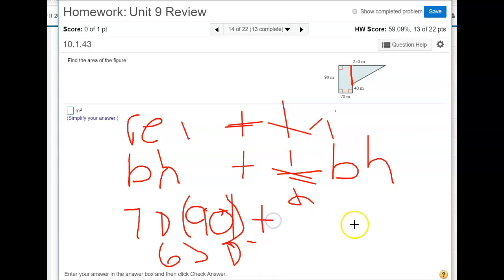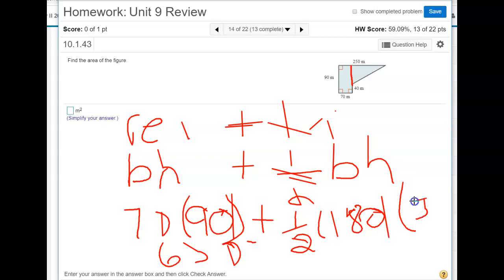Then on the second one, I see a base. We're going to have to do a little bit of subtraction. The whole base is 250, but I have to subtract off that 170. So that means we have 180, and this isn't showing up very well. And then my total height is 90, but again, I have to subtract the 40, so that means the height of that triangle is 50.